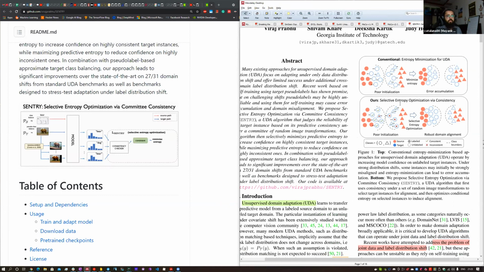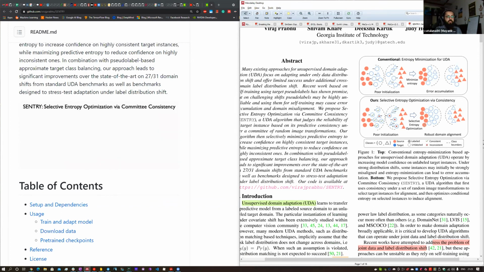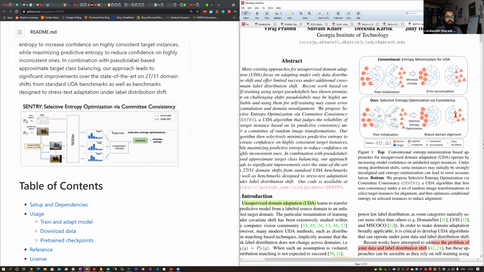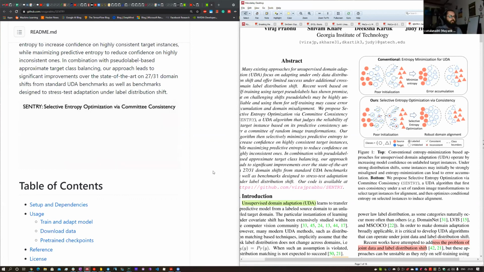And if we use this selective entropy optimization, how does that actually form a proper, robust domain alignment function, which can correctly classify those labels? So this is the objective, or the confidence set, that they produce.